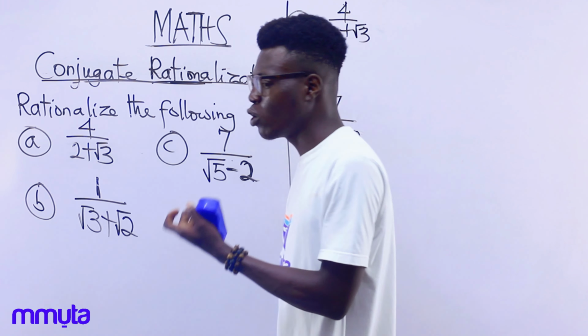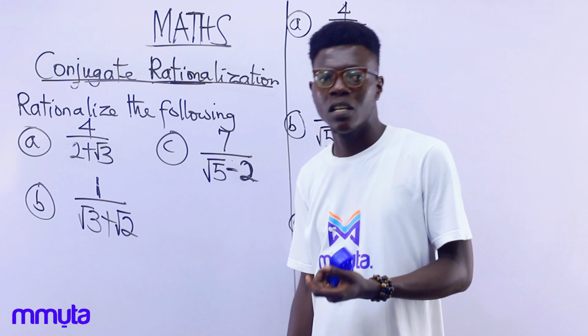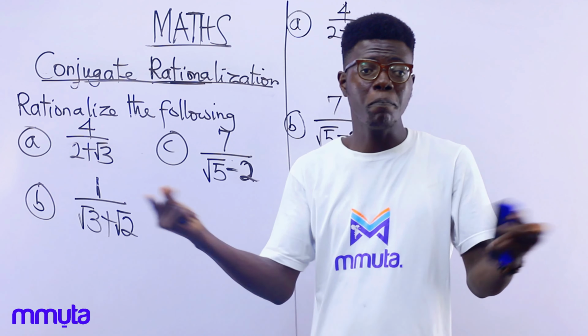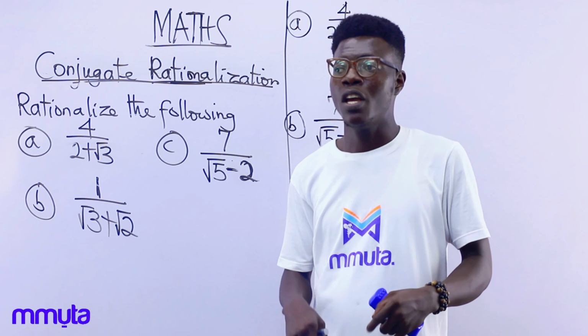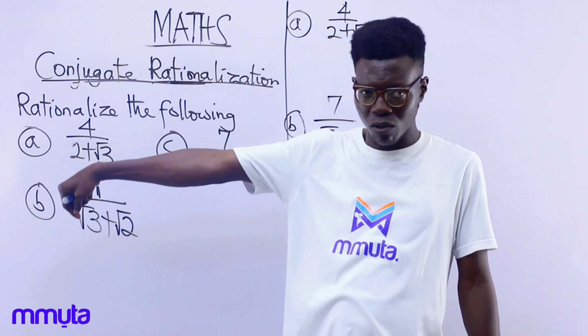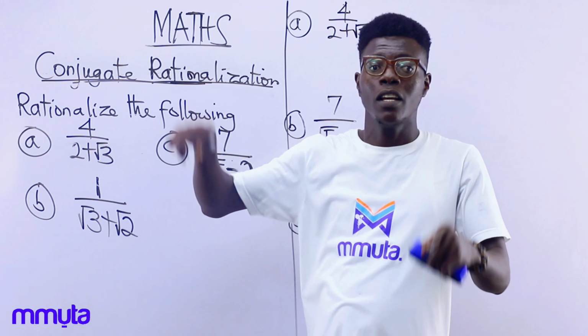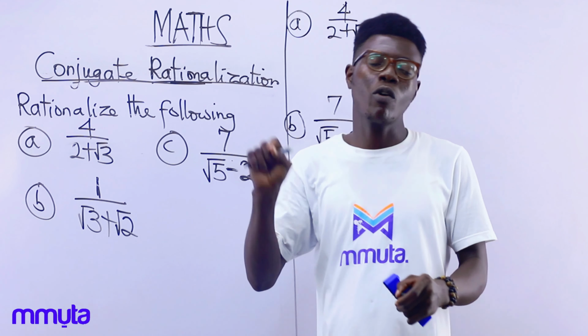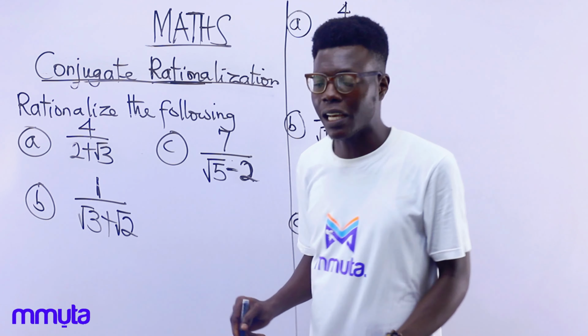There is something called the conjugate of a surd. The conjugate is simply that number or that surd that you are going to multiply with another surd. If you multiply the conjugate of a surd with the surd, you are going to get a rational number. This is what I mean.